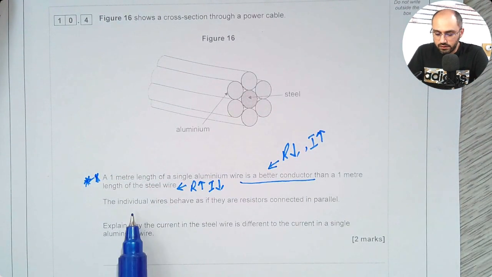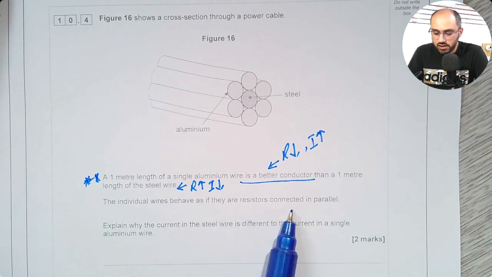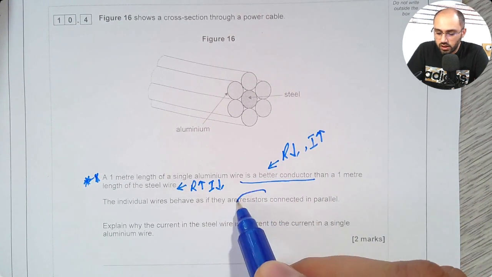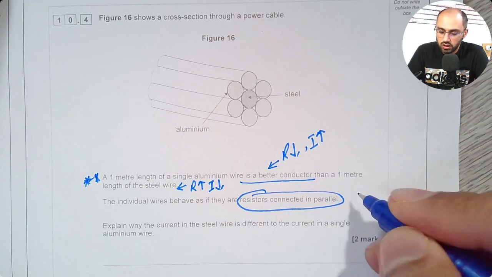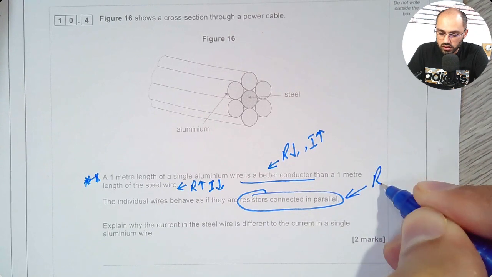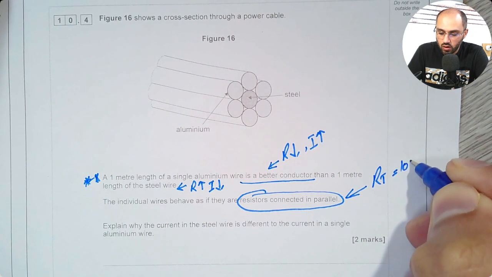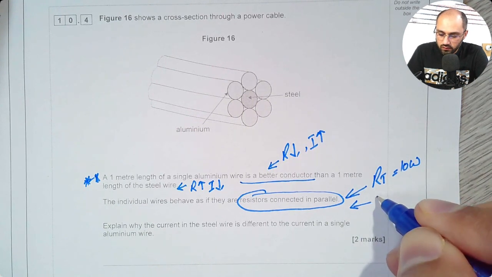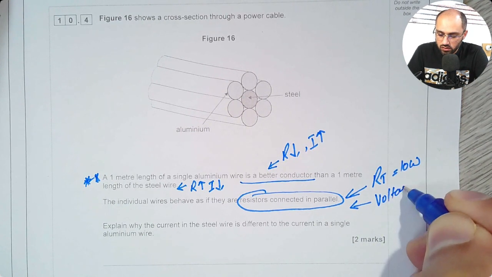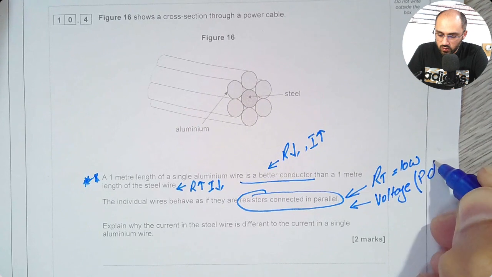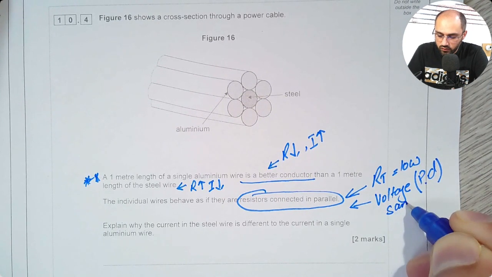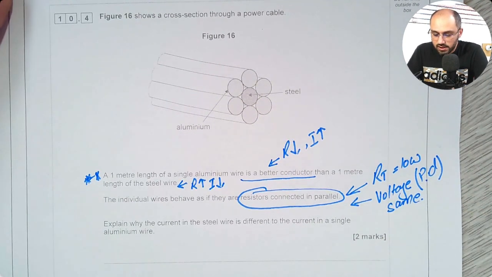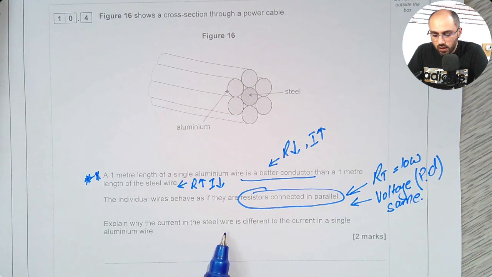Then it says the individual wires behave as if they are resistors connected in parallel. So when you connect resistors in parallel, you need to remember your total resistance will become low. And number 2 that you have to remember is that voltage, in other words PD, will be the same for all resistors. It says explain why the current in the steel wire is different to the current in a single aluminium wire.